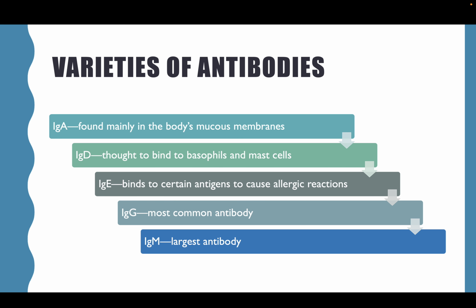And when producing antibodies, there are 5 categories that we want to highlight as varieties of our antibodies: IgA, D, E, G, and M. IgG is going to be our most common antibody found in our immune system. And then we are particularly interested in IgE, which not only binds to certain antigens, but is the cause of our allergic reactions.